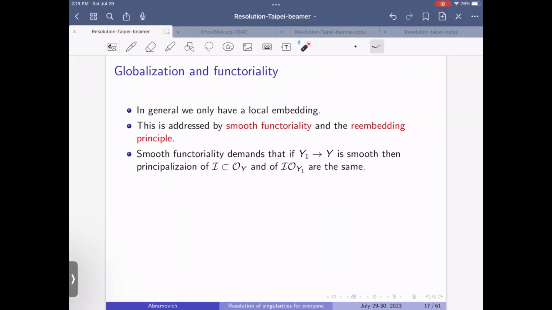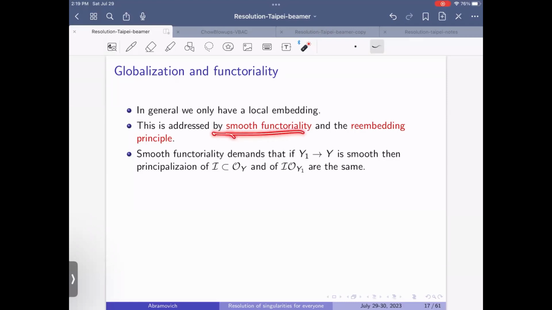In general, we only have local embedding. And, as hopefully I'll explain, the fact that we have only local embedding is addressed by embedding things locally, resolving them locally, and making sure that the process of principalization that you use has some factoriality properties that guarantee that things will glue together.